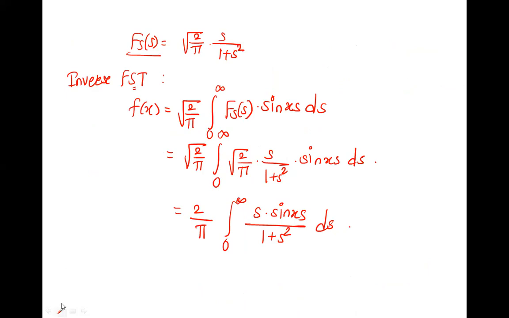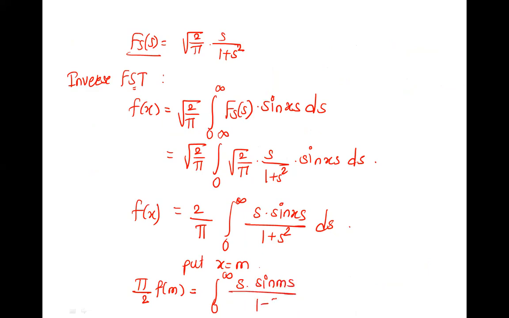M. So put x equal to m, and pi by 2 comes here into f of m is integration 0 to infinity s sine ms upon 1 plus s square ds.